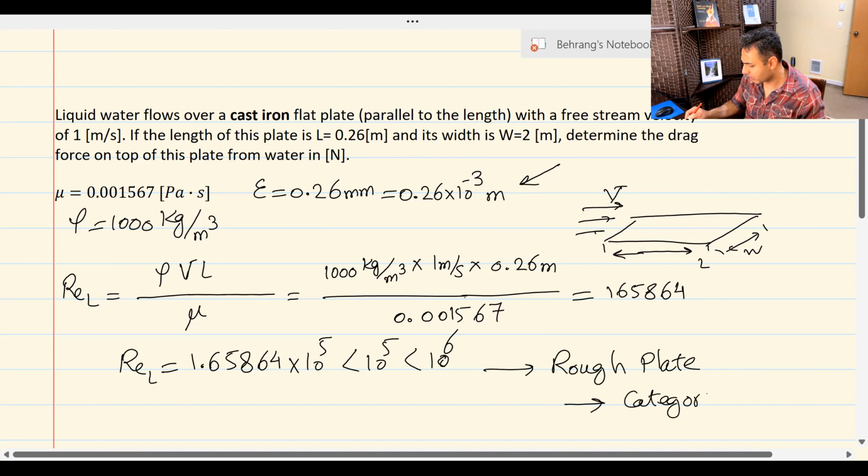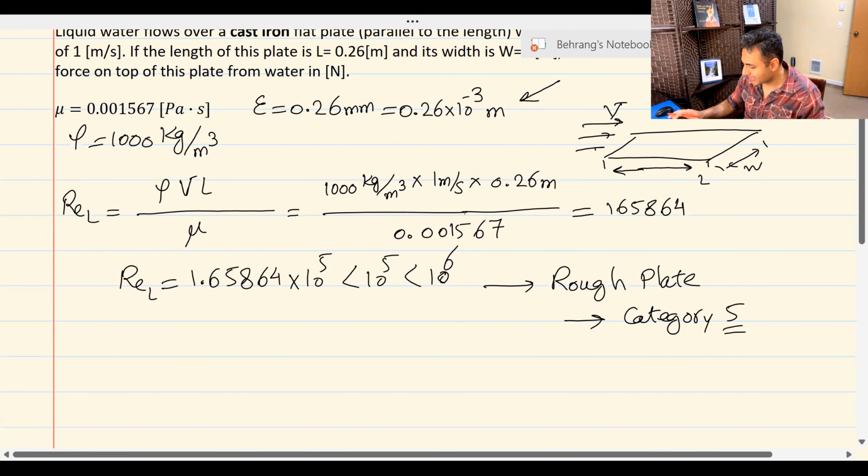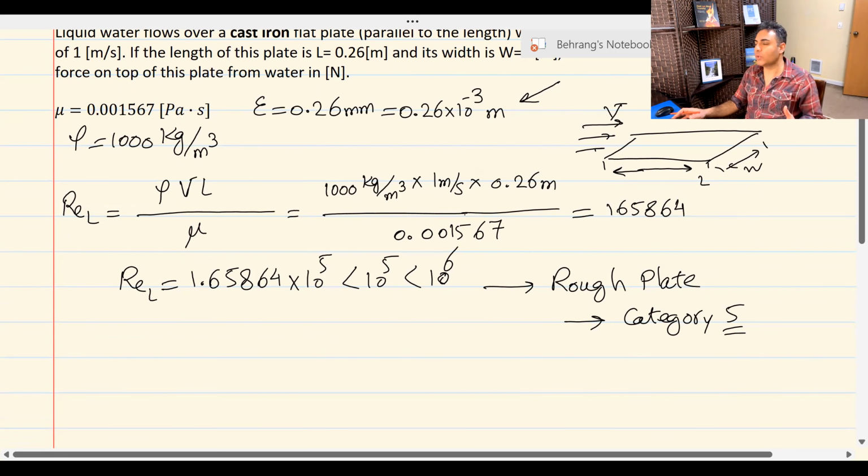What was category 5? Category 5, if you remember from the video I posted, is the category for when the problem doesn't fit in the first 4 categories. Then you have to go to that graph. There's a graph that is the equivalent of the Moody chart for external flow over a flat plate. We're going to pick the value for average friction coefficient from that one.